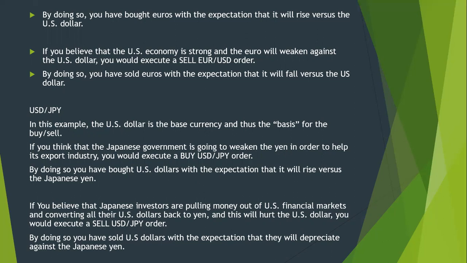This is the vice versa to the previous example. If you believe that the Japanese investors are pulling money out of the US financial market and converting all their dollars back to yen, and this will hurt the US dollar, you would execute a sell USD/JPY order.